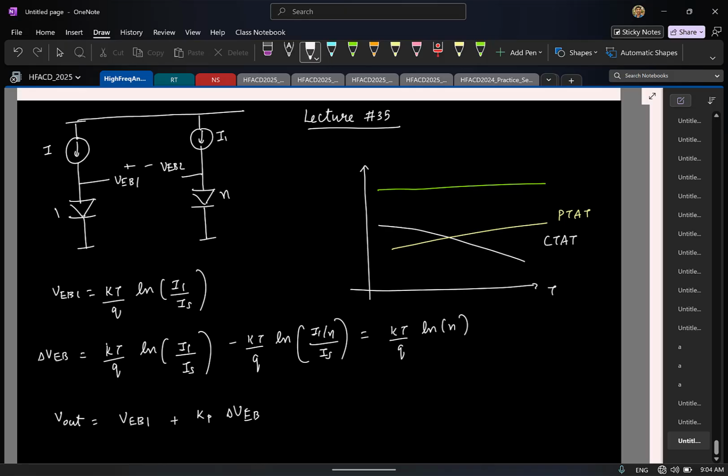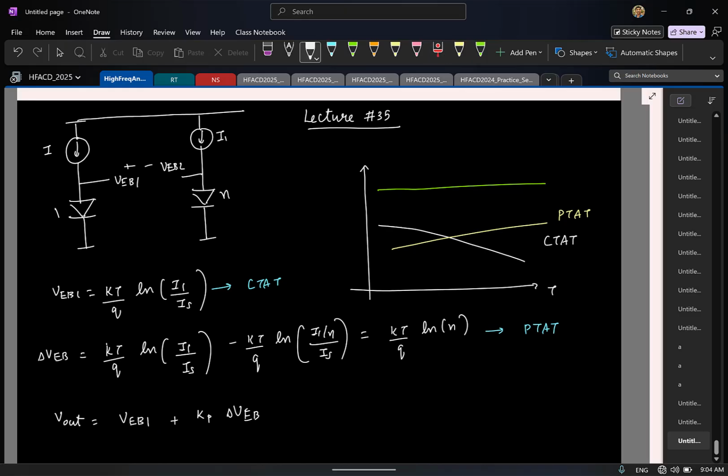So the point to always remember is, if I have one single diode voltage like this, that is CTAT, that is, its voltage drops with temperature. But if I take the difference between two diode voltages, that gives a proportional to absolute temperature voltage. That is the basic fundamental we will use in all kinds of bandgap, all kinds of voltage references. So CTAT and PTAT, you add them. So now this is my final output.